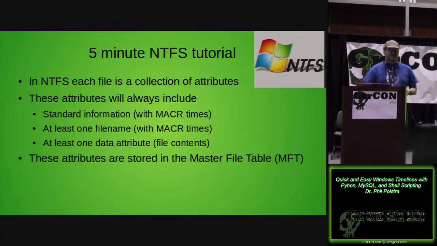So these attributes include things like standard information, and standard information has what we call MACR times, modified, accessed, created, or record change times. And every file has at least one file name, and that's in a different attribute, and guess what? It has those exact same timestamps.